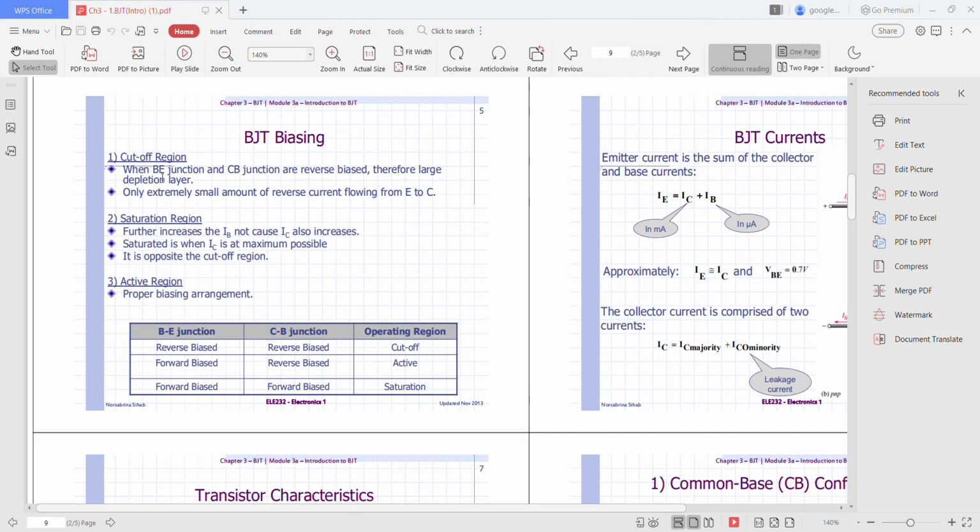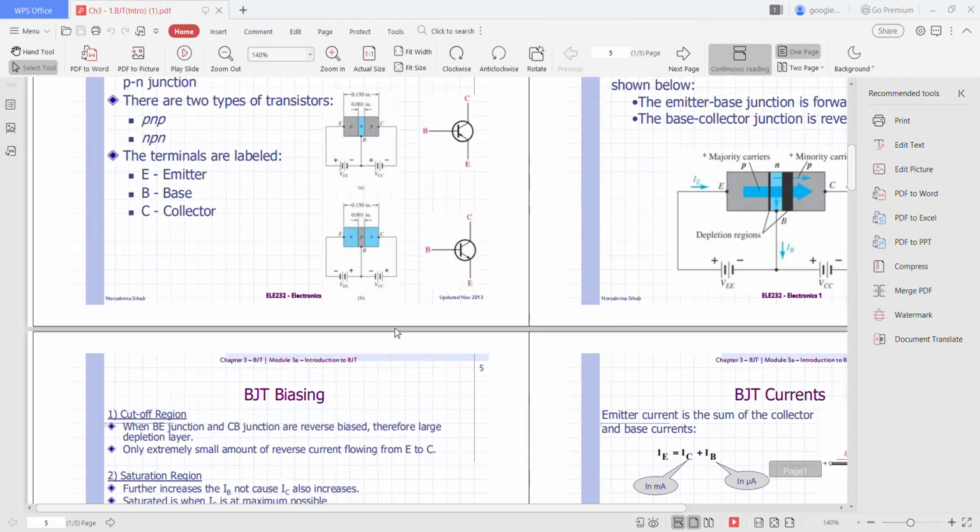What is the cutoff region? When the BE junction, BE stands for base emitter junction, and the CB junction, CB stands for collector base junction, are reverse bias, there will be a large depletion layer at the junction here.